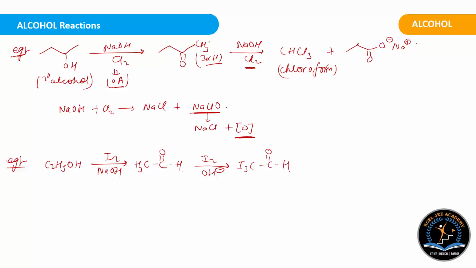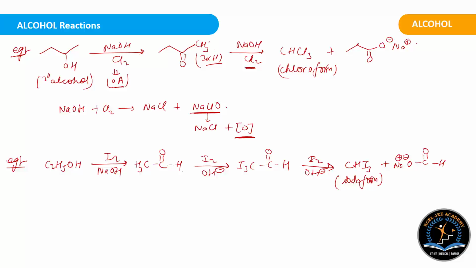Now again this CI3 group will leave, it is a leaving group. So with iodine and OH minus, we obtain the final product, which is CHI3, along with O minus C double bond OH, with Na plus attached. So this is iodoform that has been obtained, which is a yellow precipitate. So this is that reaction.